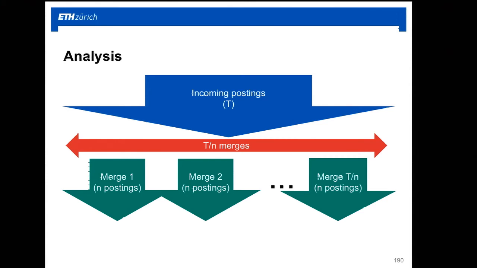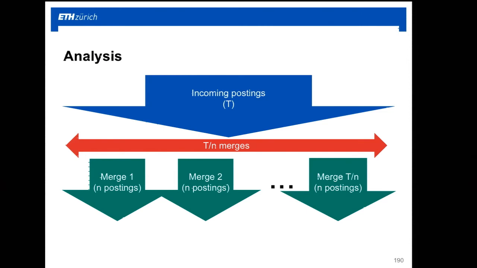And I will do that how many times? Well, the total number of postings divided by the size of one single chunk that fits in memory, that's t divided by n, right? So I have every time n postings when my auxiliary index is complete, and that means that I have t divided by n instances of that merge, right? So who now is following?